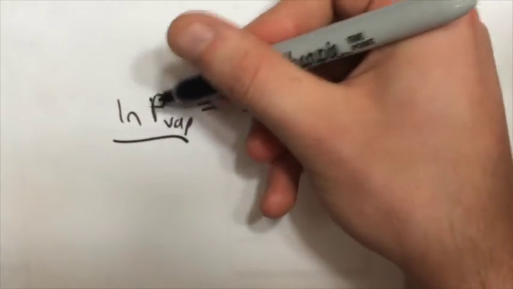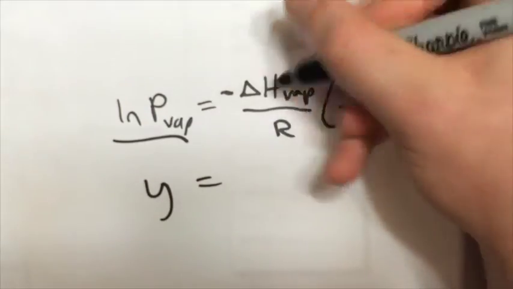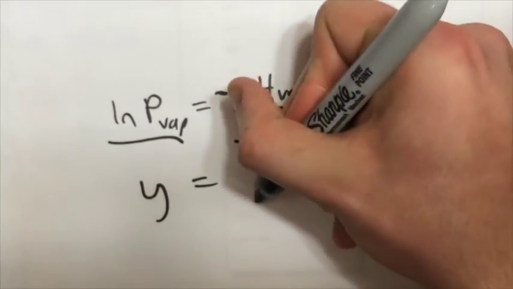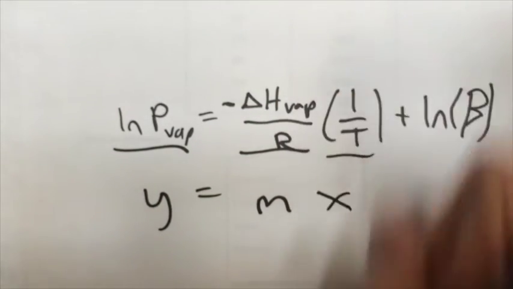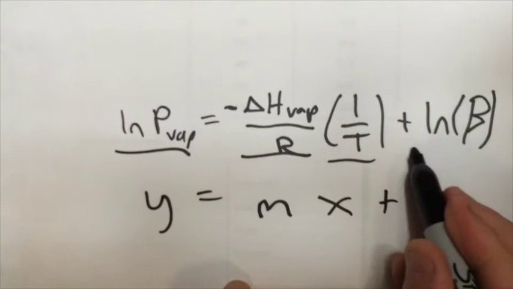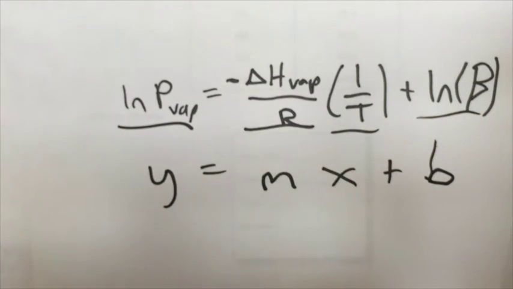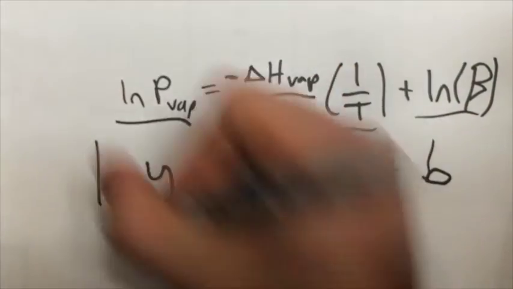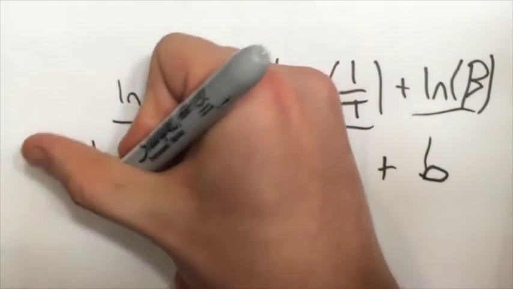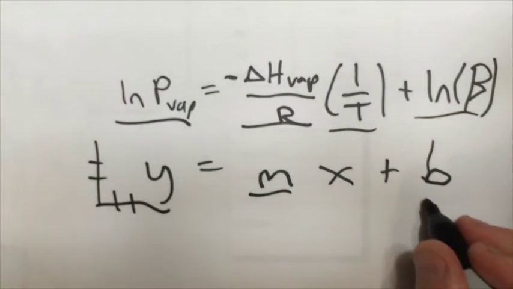Let's say this natural log of the vapor pressure is our Y. Let's say this delta H of vaporization over R is our M. Let's say this 1 over T is our X. And this natural log of beta is our B. You'll recognize this as the linear line formula we were taught in junior high and high school, where Y and X are the coordinates on this line, M is the slope of the line, and B is the y-intercept.